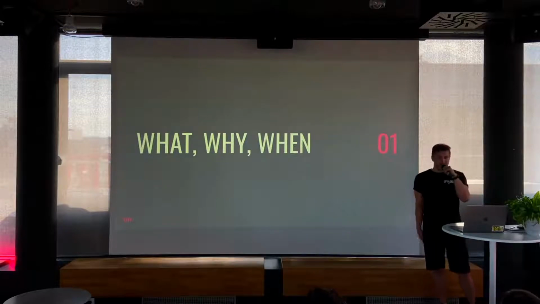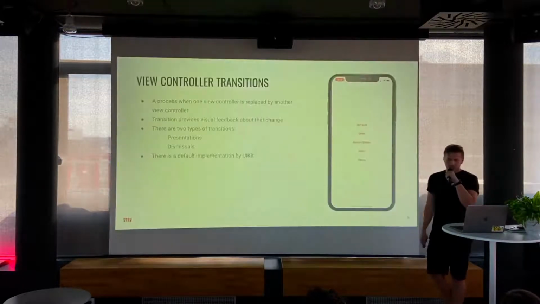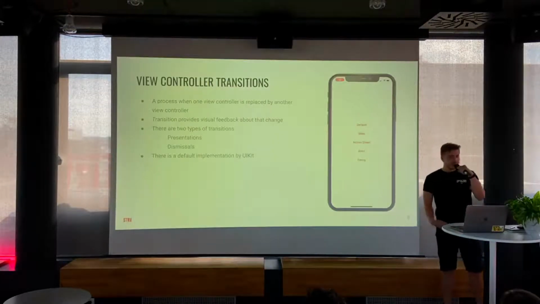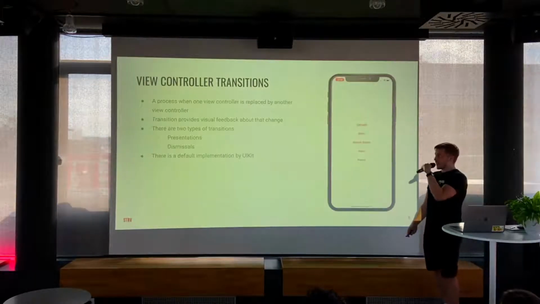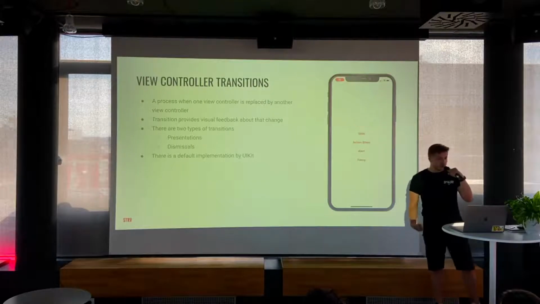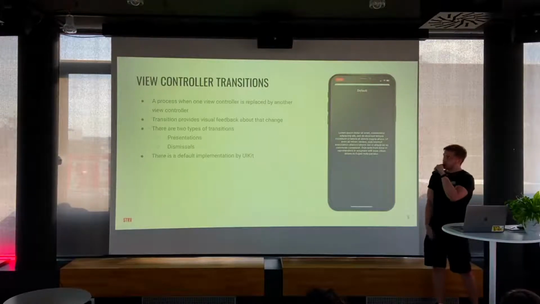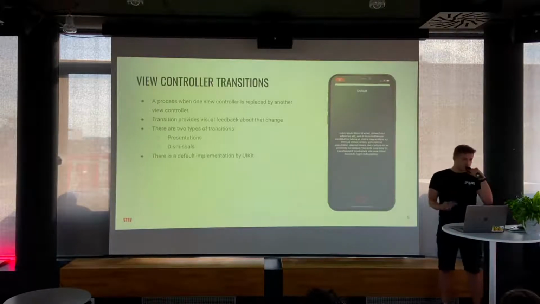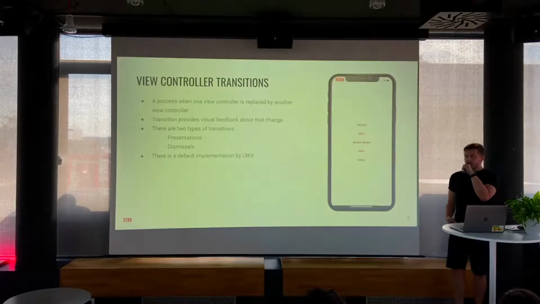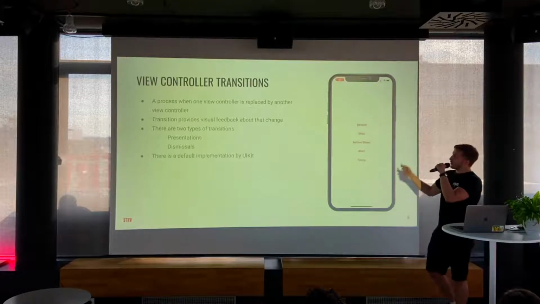And so let's start with the questions. We have to start with this: what is a view controller transition? We can say simply it's a process when one view controller is replaced by another one. This transition provides us and users some sort of visual feedback about the change.